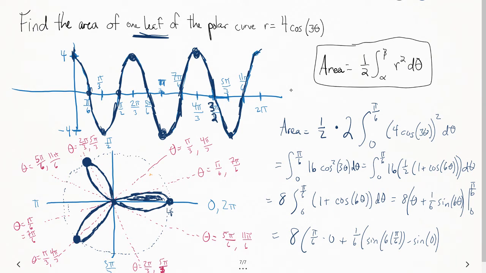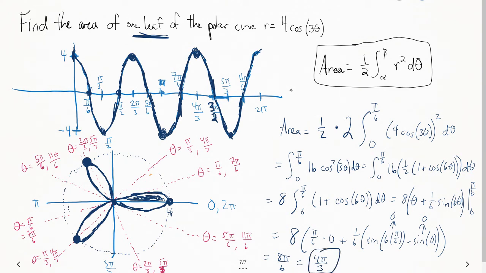I don't know much, but I do know that sine of 0 is 0. And sine of 6 pi over 6 is just sine of pi, so that equals 0. So that whole business is gone. And so what we're left with is just 8 pi over 6, which equals 4 pi over 3. And that's our final answer.